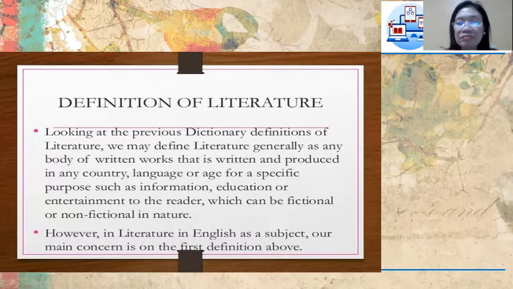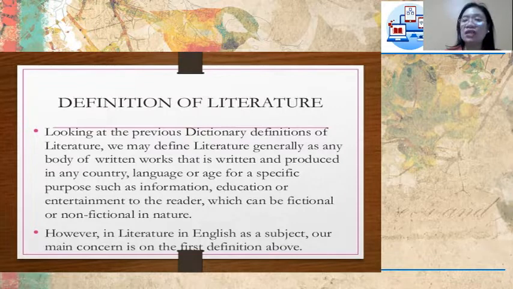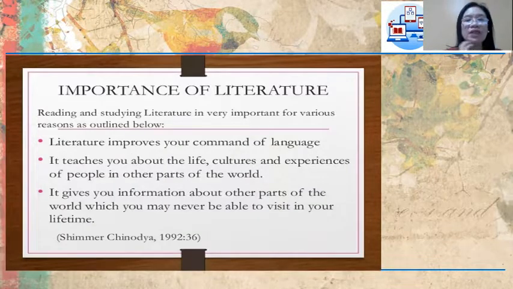However, in literature in English as a subject, our main concern is on the first, the real definitions of literature.